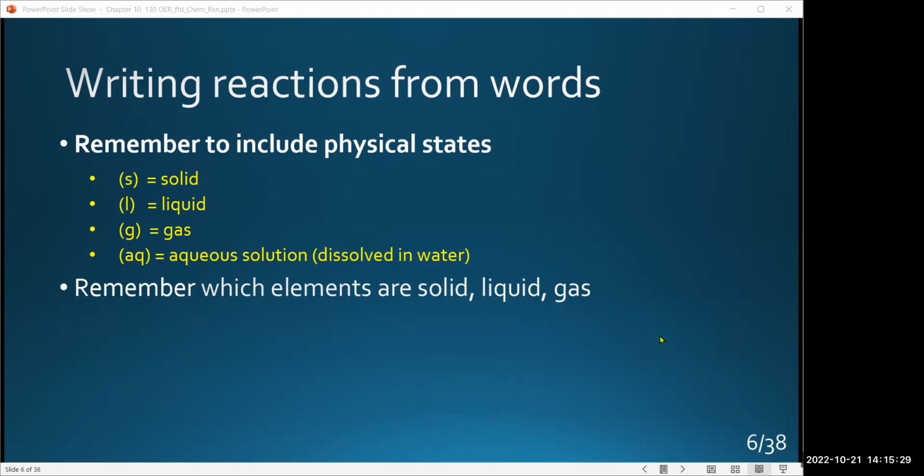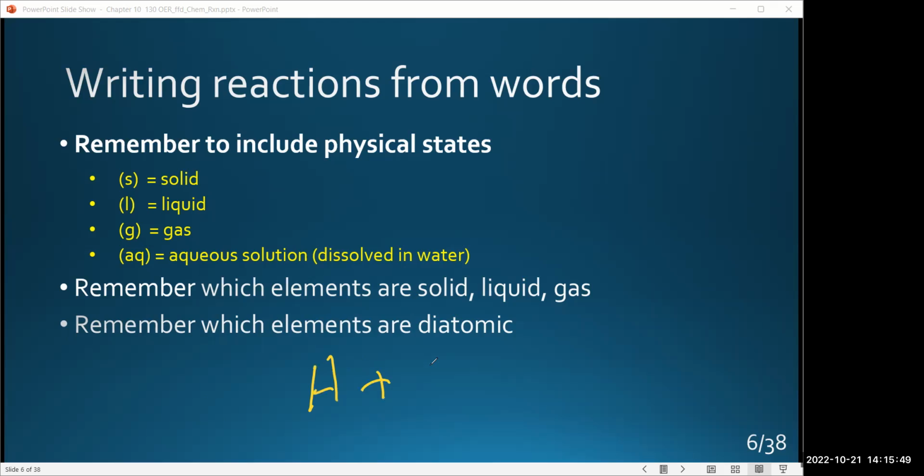Solid, liquid, and gases, I just mentioned that. And of course, don't forget the elements that are diatomics. There's only 7. Have no fear of ice cold beverage. The example we did earlier, we said hydrogen in the presence of oxygen. Well, if you take that and you simply write H plus O gives me water, right off the bat, that just won't work, because hydrogen, you should know, is diatomic.